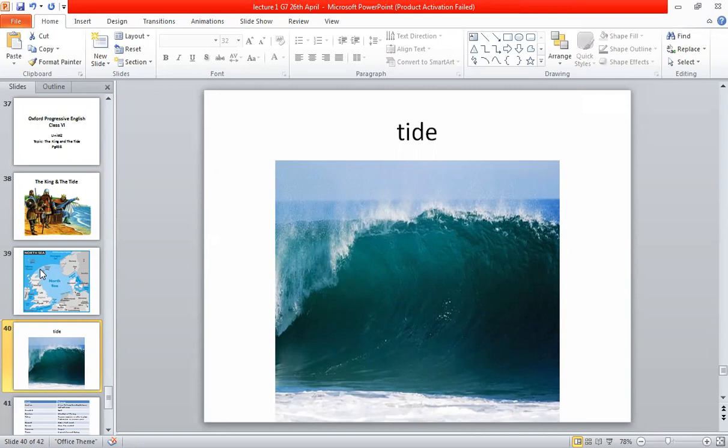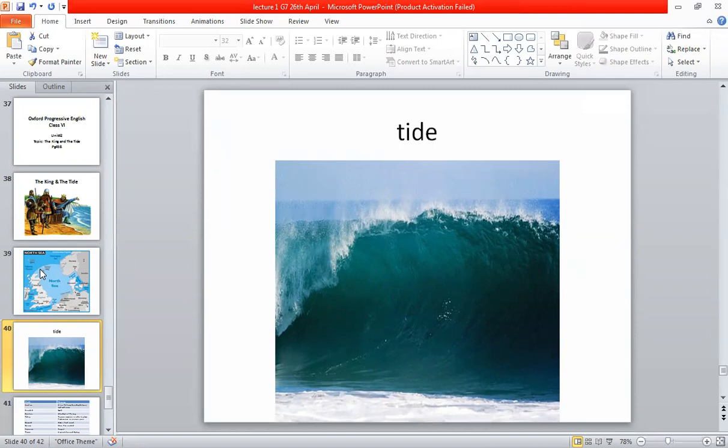The courtiers stood astounded. Astounded means shocked. They were shocked as they saw the incoming waves cover their smart shoes. Smart means expensive or durable, smart shoes. As they saw the incoming waves cover their smart shoes, they could not believe it, as the water crept up to their ankles.